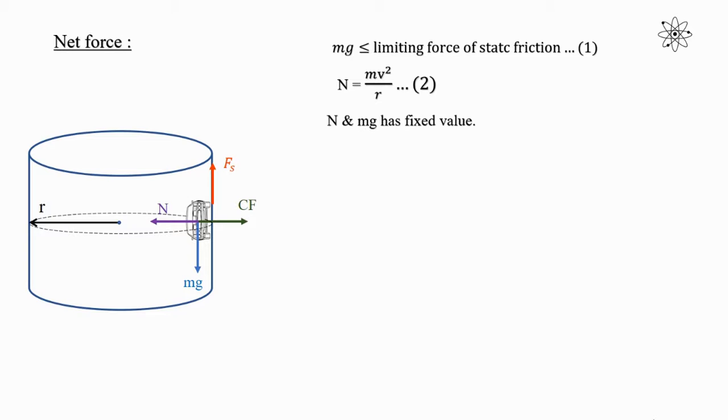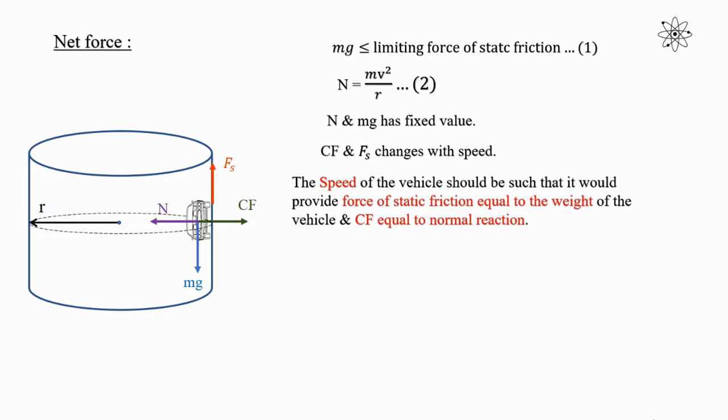But, students, as we already discussed, the normal reaction and mg have fixed values, and the centrifugal force and the force of static friction change with speed. Therefore, the speed of the vehicle should be such that it provides a force of static friction equal to the weight of the vehicle and a centrifugal force equal to the normal reaction.